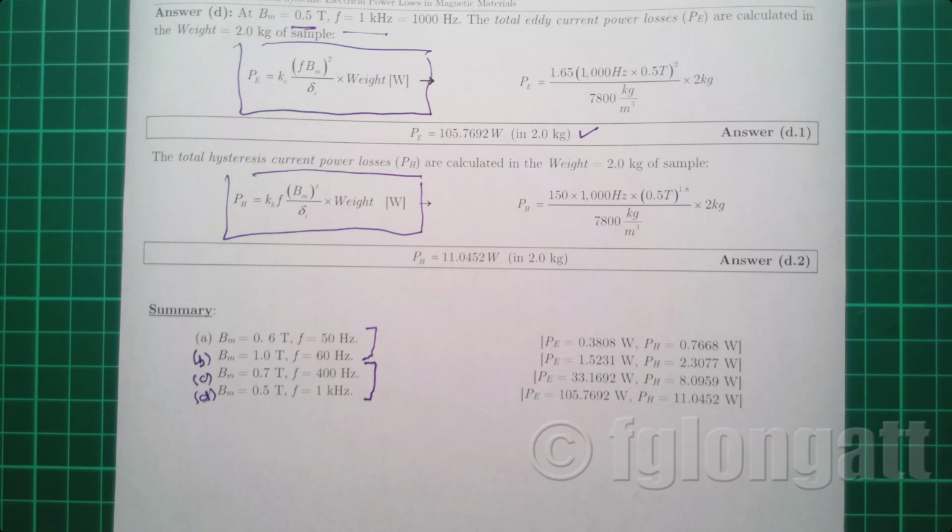So I hope you enjoy this very interesting video, and I highly suggest that you go home and repeat this example with other frequencies and other magnetic flux density, and reflect about the effect of the frequency and the magnetic flux density on the eddy current losses and the hysteresis losses.